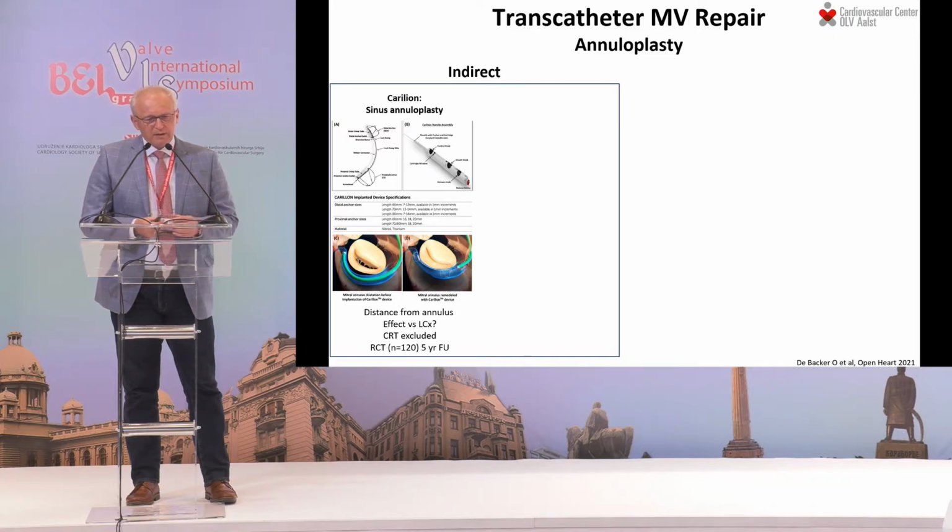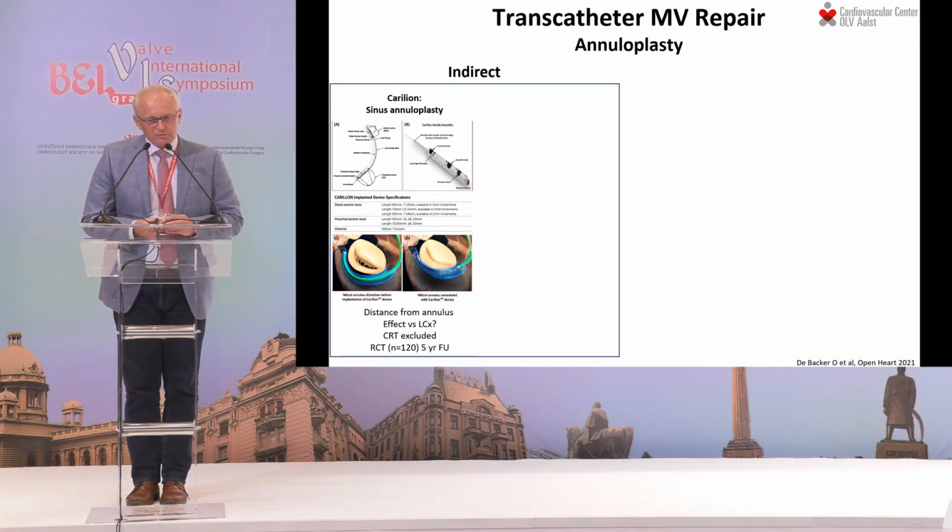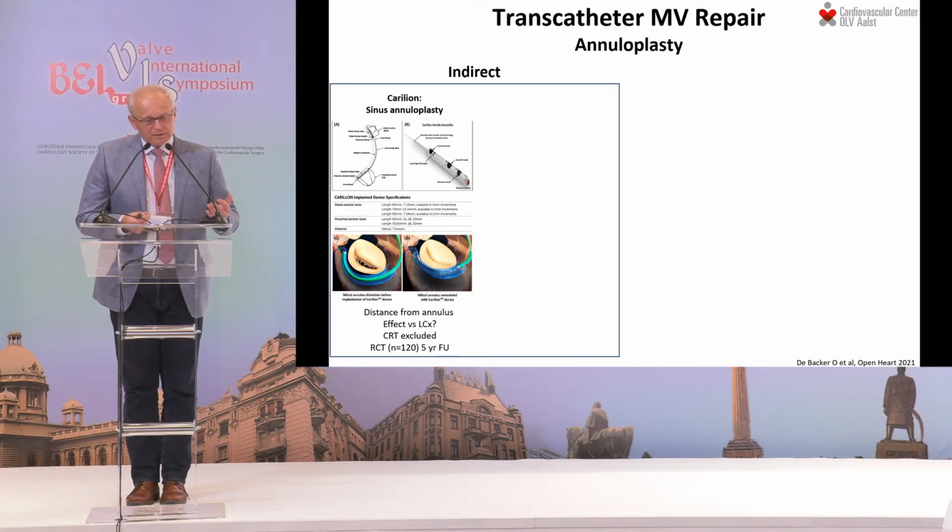It can vary. There are also concerns about potential safety because it could be in the trajectory of the LCX, and there is a limitation that this procedure cannot be used in a patient with a previous CRT. Nevertheless, there are data from one randomized controlled trial demonstrating in selected patients beneficial outcomes as regards the reduction of mitral insufficiency and also clinical survival.